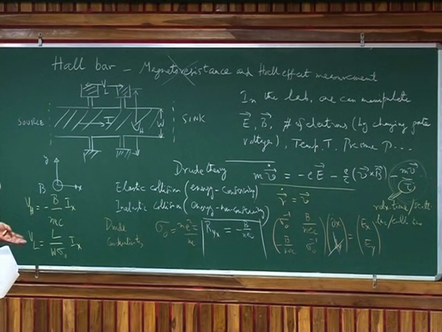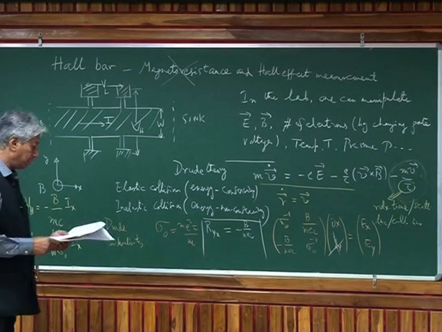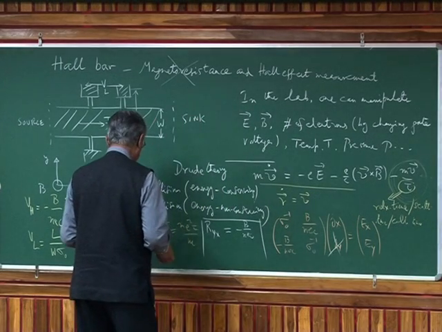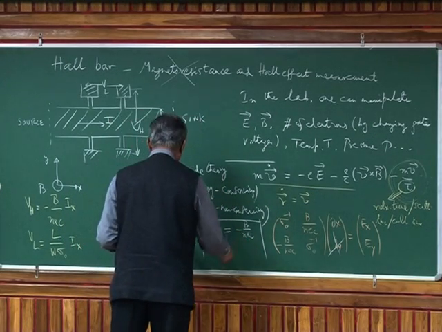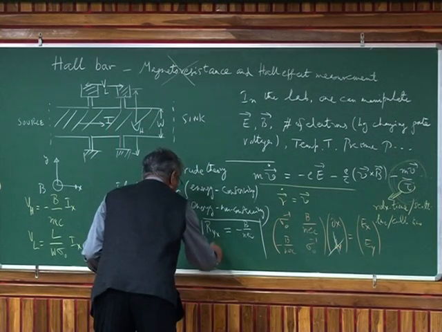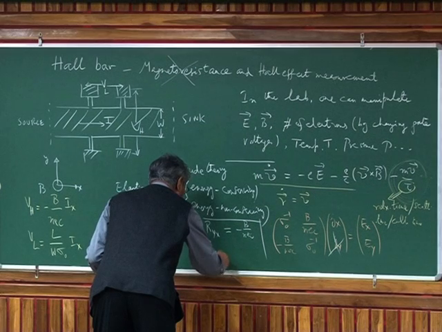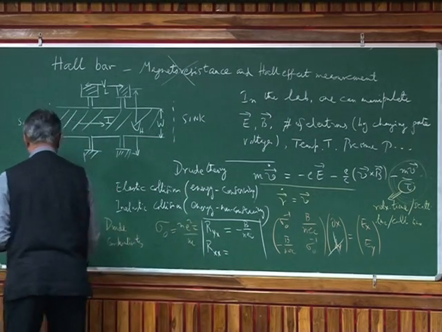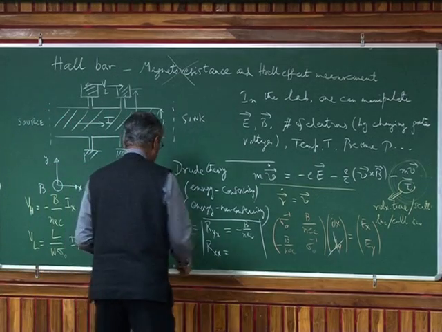Now, it's an interesting property that this quantity is actually minus B over Ns, and the longitudinal component is the usual resistance that you have, which actually is here. So RXX is simply your Drude conductivity inverse.